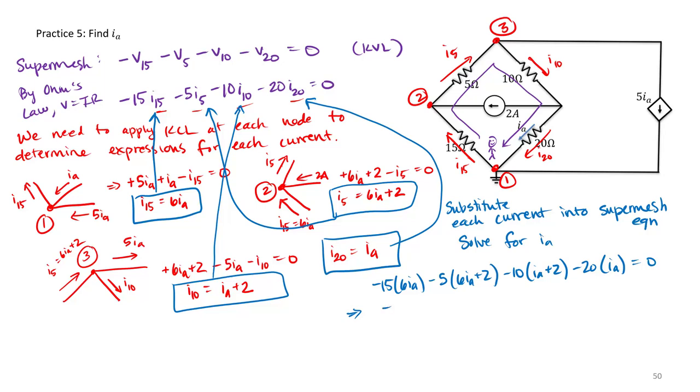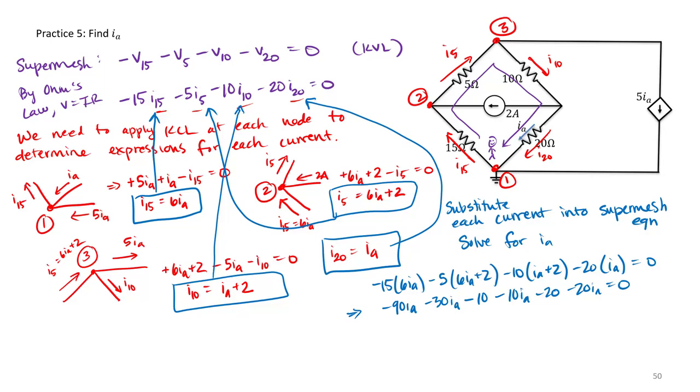So in this case, we get negative 90 I sub A, minus 30 I sub A, minus 10 I sub A, minus 20 I sub A equals 0.